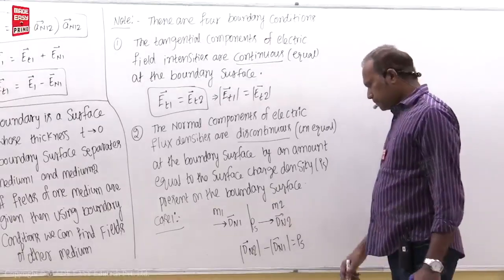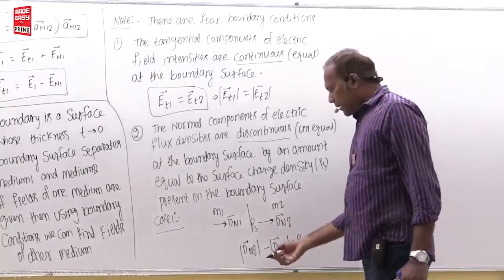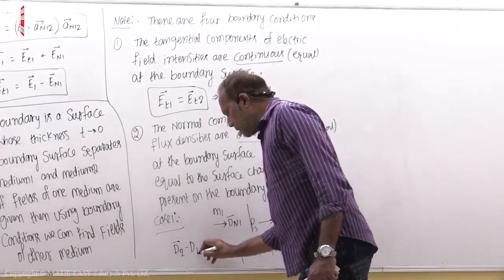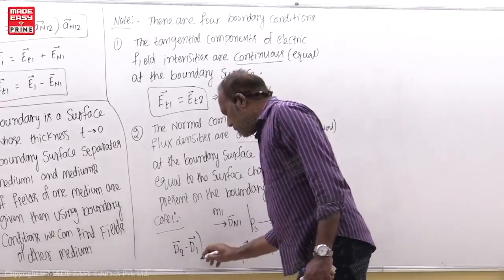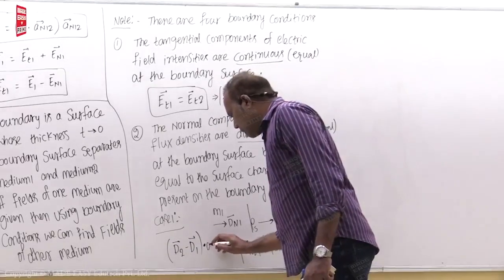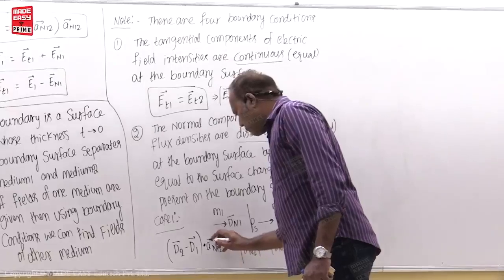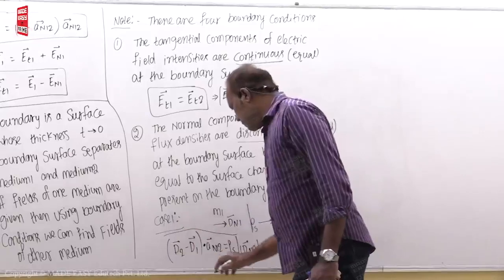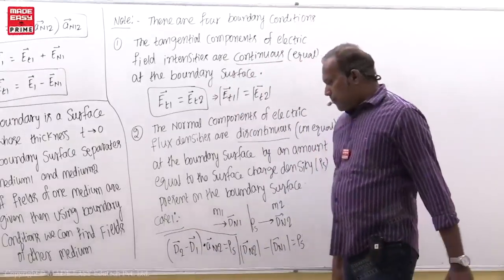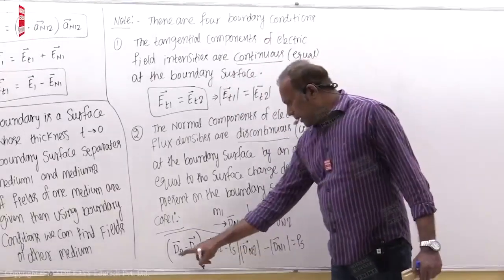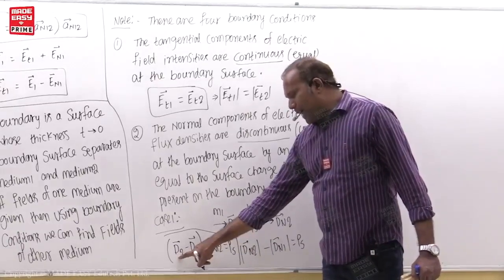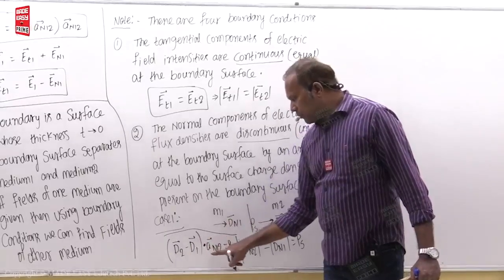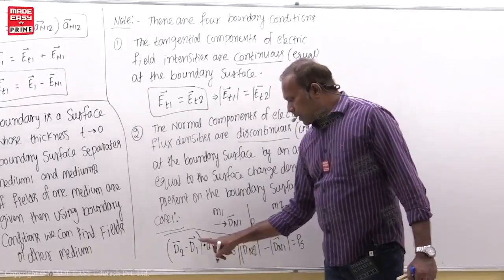This is the one. This also can be written like this, student. D2 bar minus D1 bar dot product with AN12, that is normal unit vector, gives rho s. So what is happening here? D2 bar has a tangential component and normal component, but if you take dot product with normal unit vector, then dot product gives scalar.